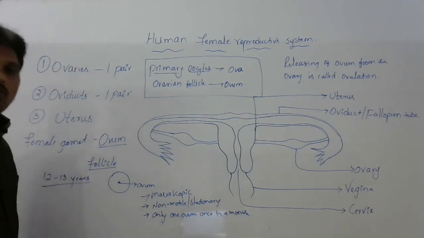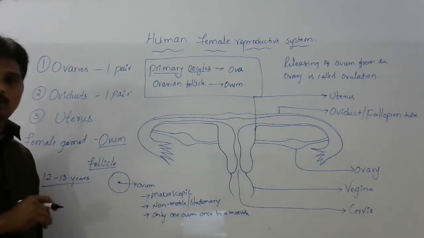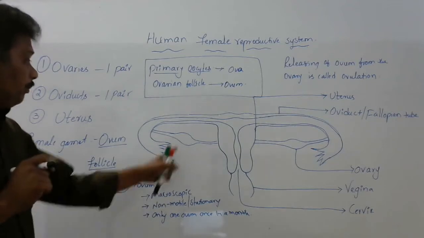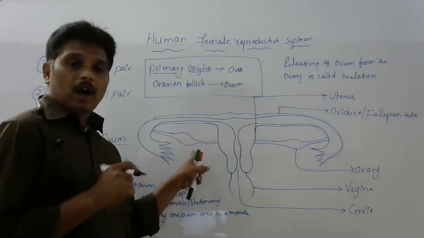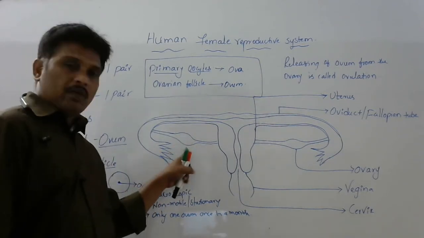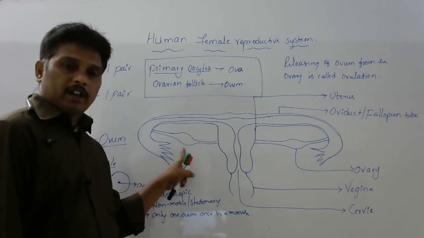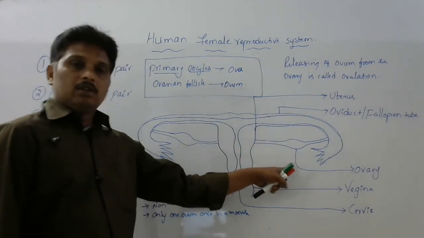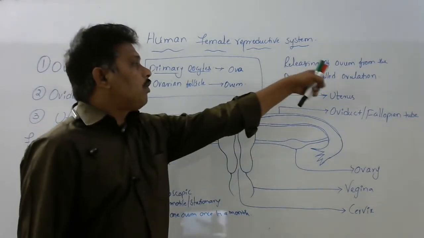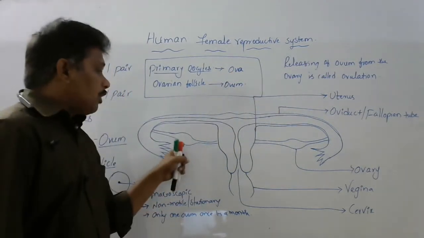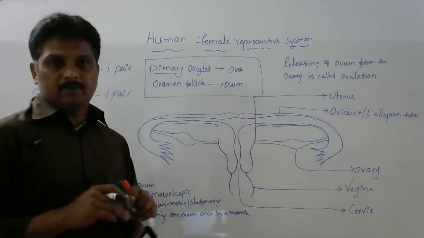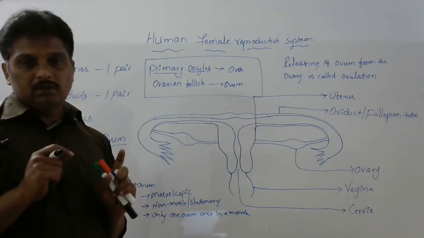There are two ovaries, so if this month one ovary releases an ovum, next month the other one does. The ovulation process alternates between the two ovaries in successive months.